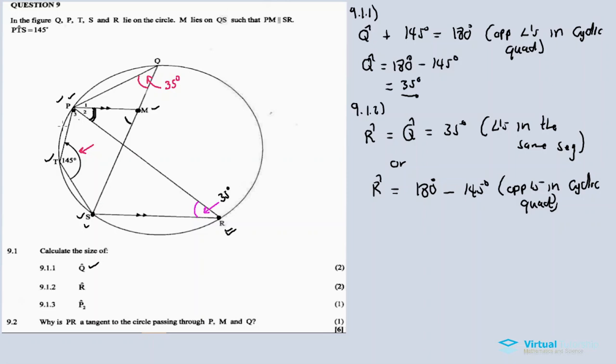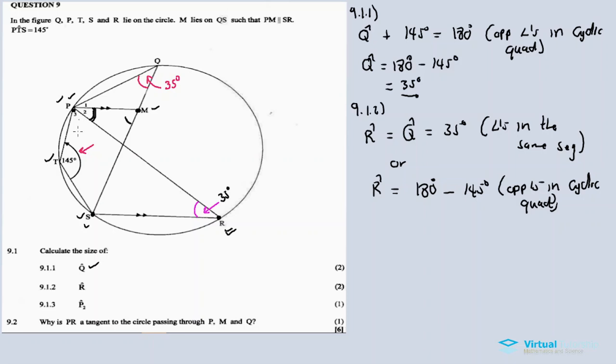We were given parallel lines here, right? PM is parallel to SR, and then I want to calculate this angle P2. What is the relationship between P2 and R in the light of these parallel lines? They are equal as well.